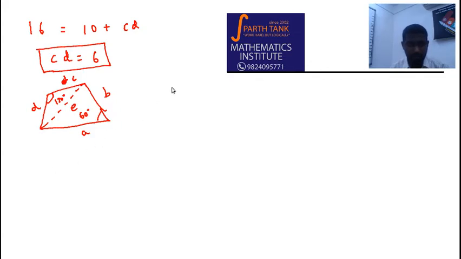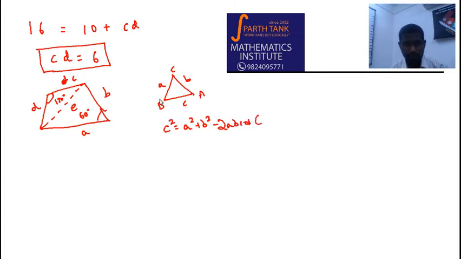In a triangle, if you have a triangle A, B, C, then C squared can be written as A squared plus B squared minus 2AB cos C, right? A squared plus B squared minus 2AB, cos of the angle between them gives C squared.